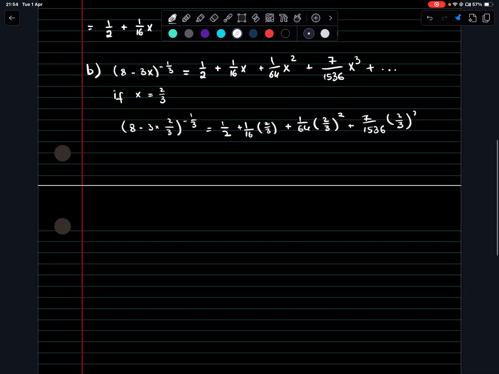The one inside simplifies to 6 to the power of negative 1/3.